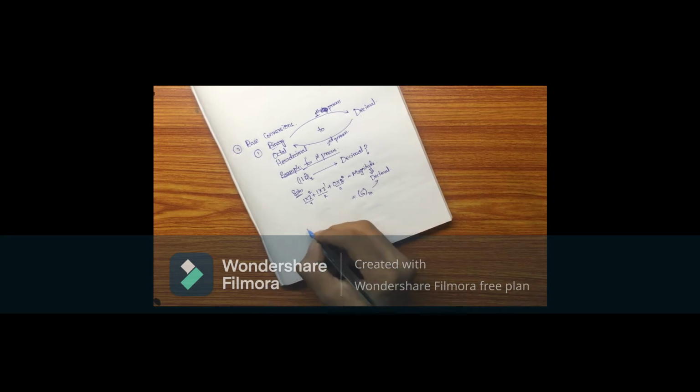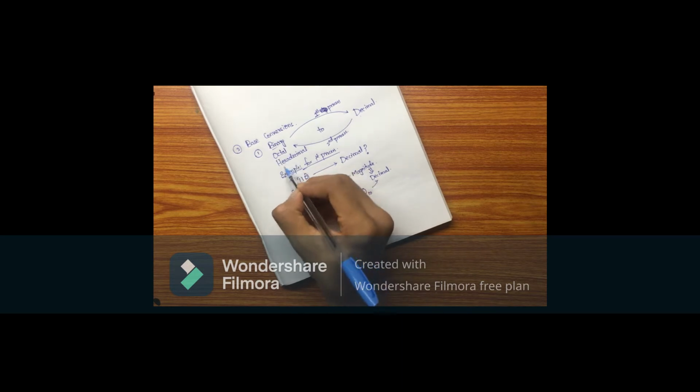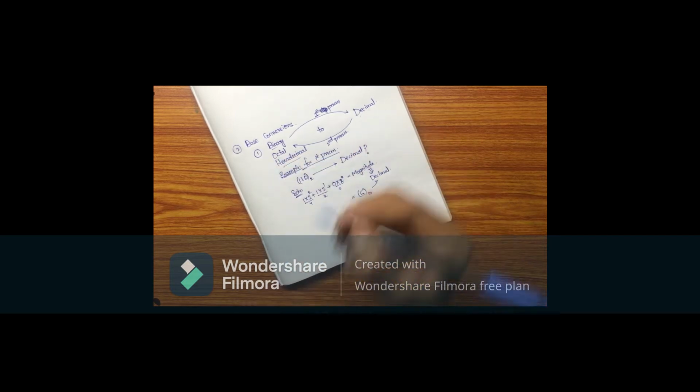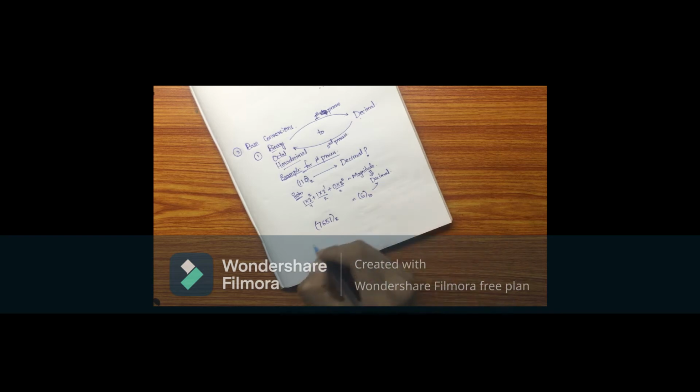Okay, next, for octal and hexadecimal also, you have to do the same thing. One more example, let's see. For octal to decimal, suppose 7651 is asked to be converted to decimal.